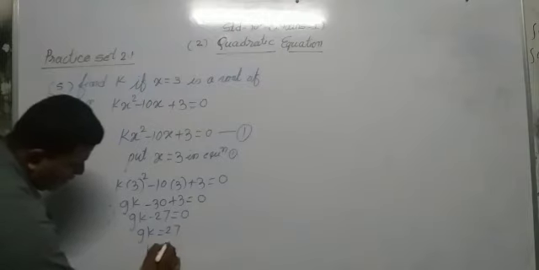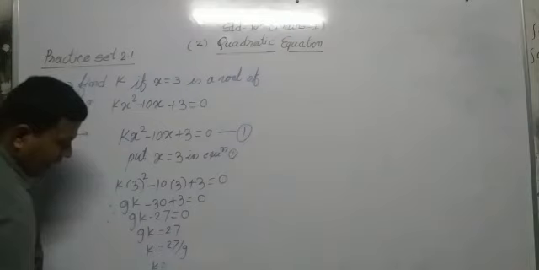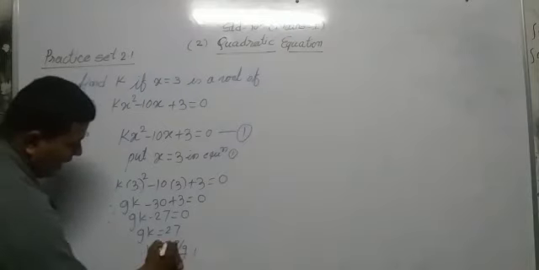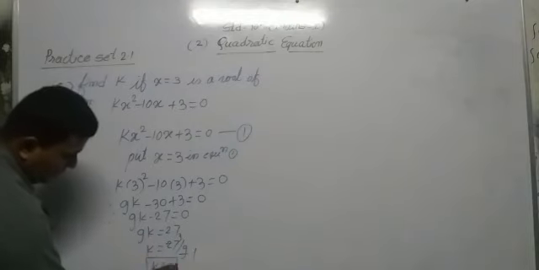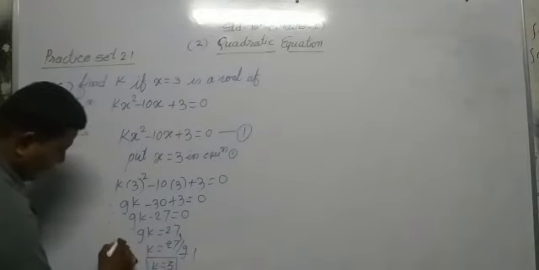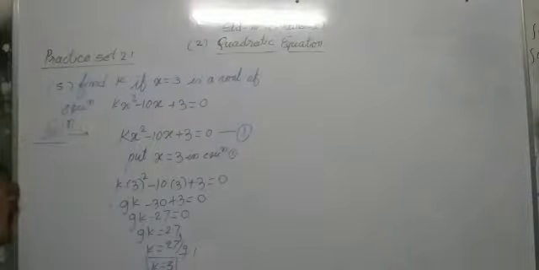Hence k equal to 27 upon 9. 9 threes are 27. We get the value of k equal to 3. Give the therefore sign.